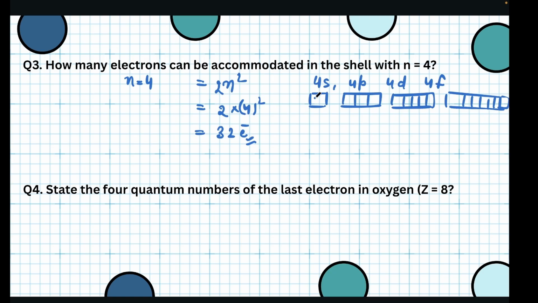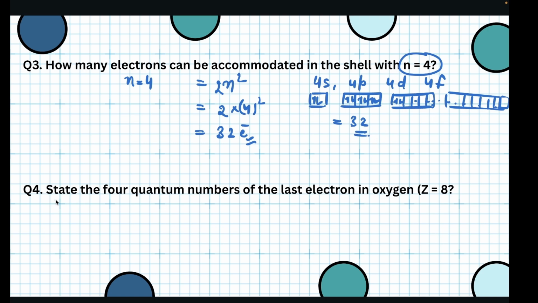And each orbital can hold 2 electrons. We can fill 2 electrons in each orbital. Now we will add all the electrons, that will be 32 in number. So total number of electrons will be 32.